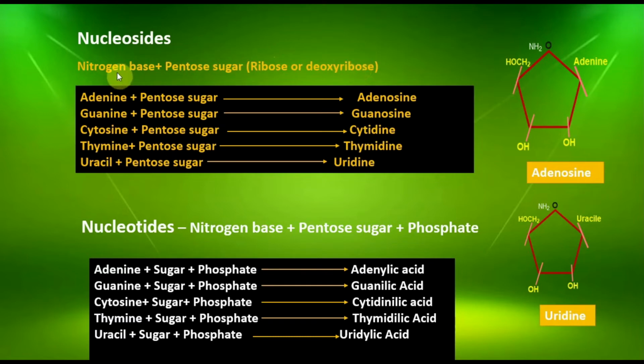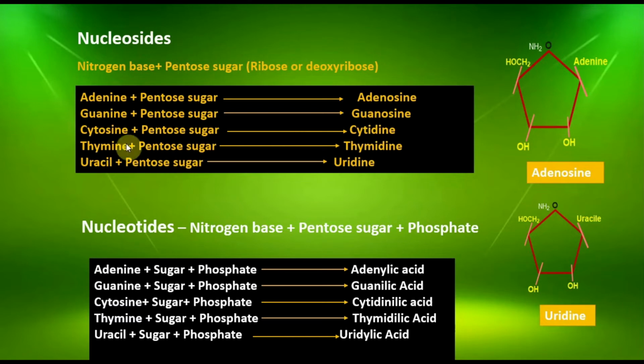There are 4 different types of nitrogen bases, so naturally there are 4 different types of nucleosides. So what are the different types of nucleosides? One is the adenine nitrogen base with pentose sugar, forming adenosine. This adenosine has a pentose sugar with the adenine, and phosphate is not present.